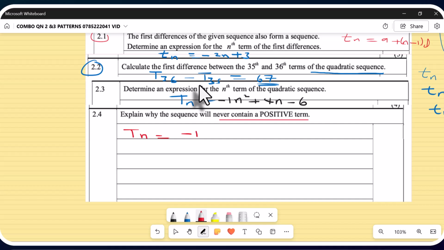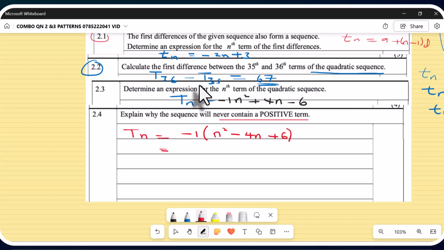Now if you check what I have inside the brackets, whatever n is, whether positive or negative, I'm going to get a positive. This positive plus a positive is a positive, and a positive multiplied by -1 will always be a negative number.